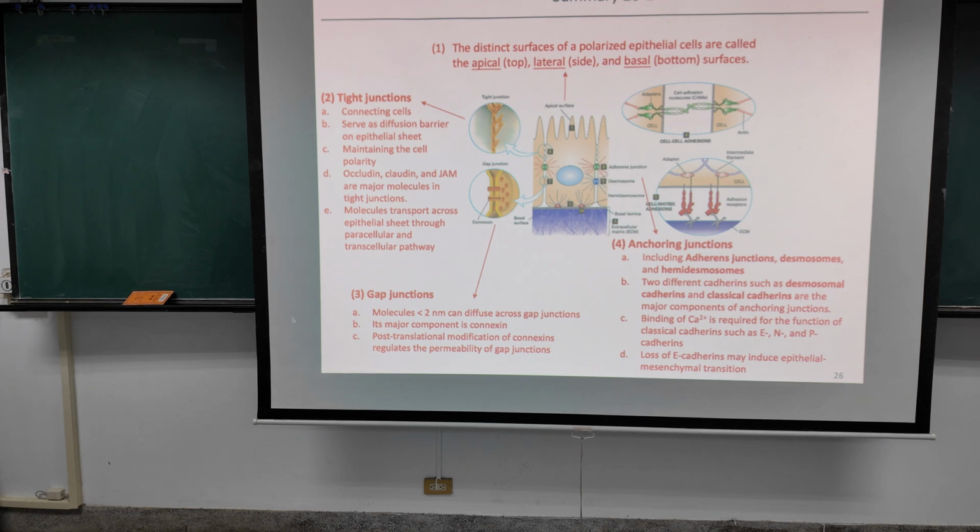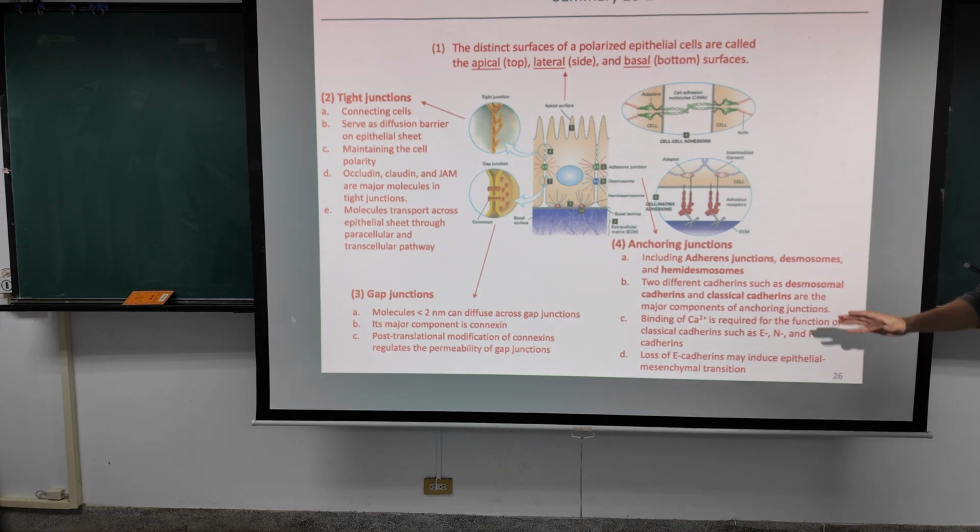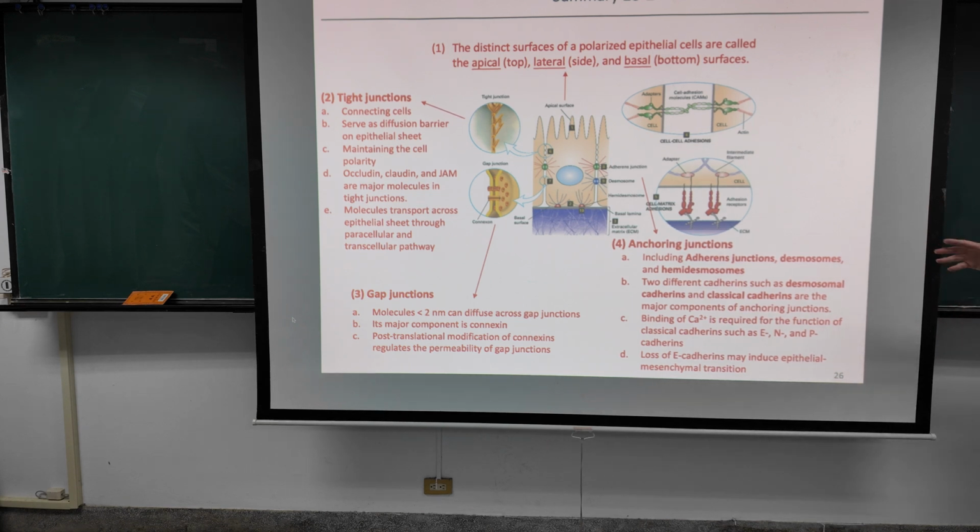And the anchoring junctions include adherens junction, desmosome, and hemidesmosome. We haven't introduced hemidesmosome, we will talk about it later. Now we only cover the adherens junction and desmosome. So the 2 different categories, such as the desmosomal cadherins and classical cadherins, are the major components of those desmosomes and adherens junctions.